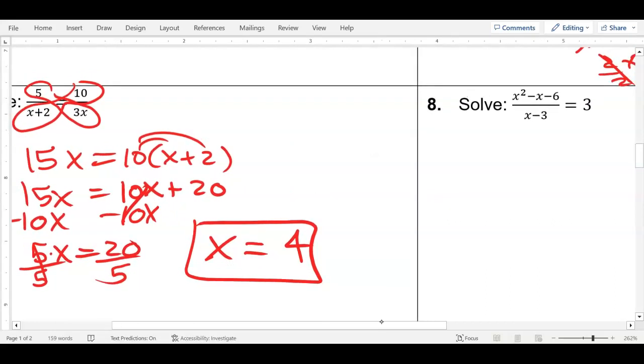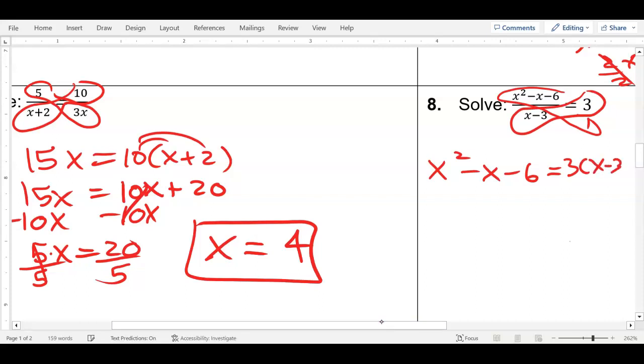Same thing here. If you have an equal sign, a whole number is over 1. So when you cross multiply, you're going to have x squared minus x minus 6 equals. And then when you cross multiply this, you're going to distribute 3 times x minus 3. So let's distribute that. 3 times x is 3x. 3 times negative 3 is negative 9.